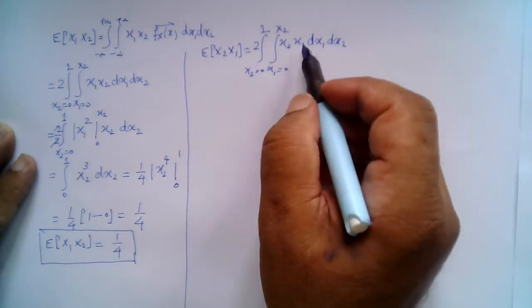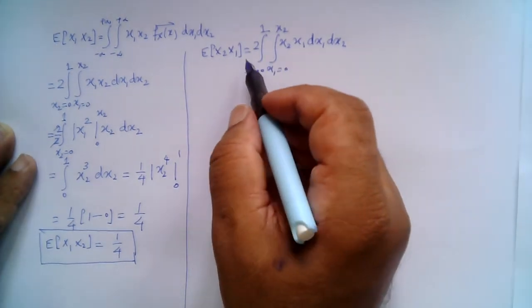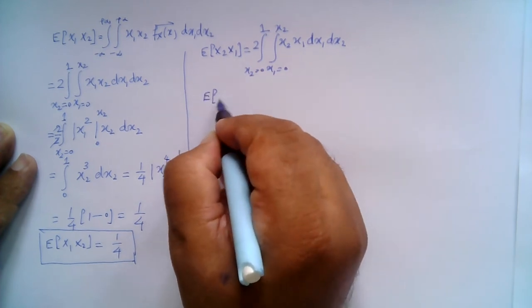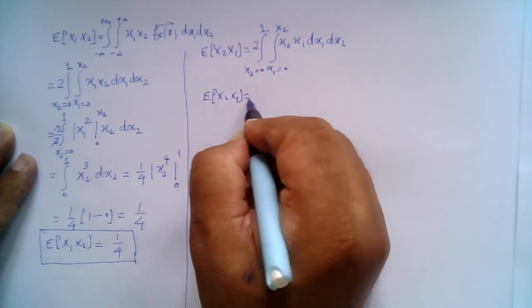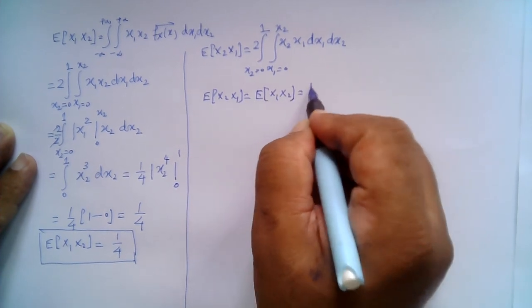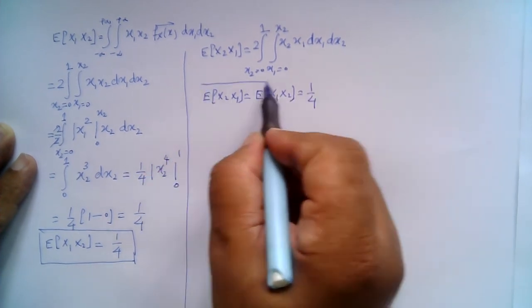So the order of multiplication does not change the result here, right? So this is essentially equal to expected value of x2 x1, which is equal to expected value of x1 x2, which is equal to 1 over 4, right?